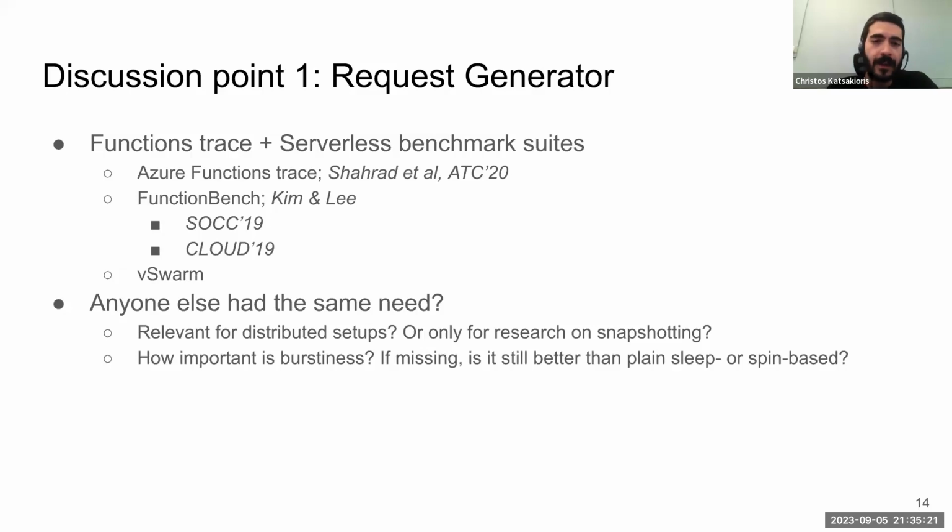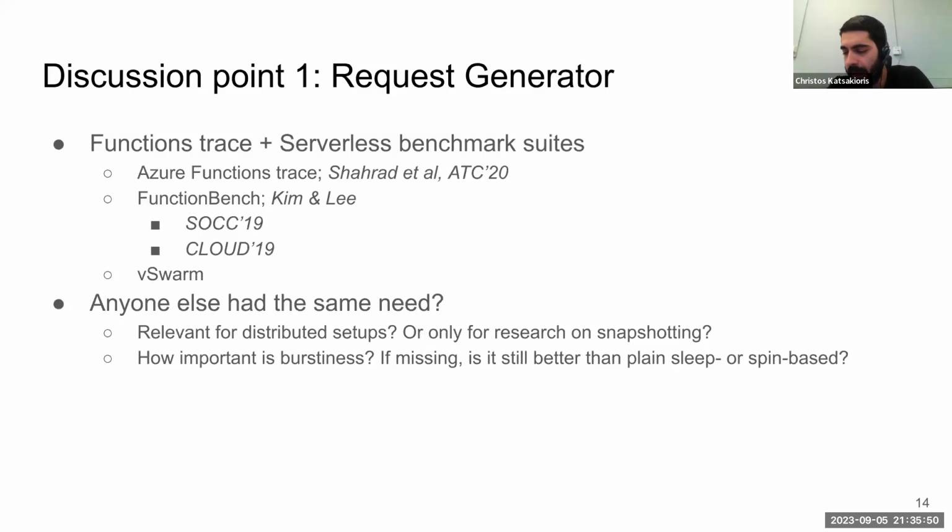We are aware of the Azure Functions trace, but we don't know of any tool that is capable of combining the data from the functions trace with some serverless benchmarking suite to produce an overall setup that mimics a realistic execution environment.